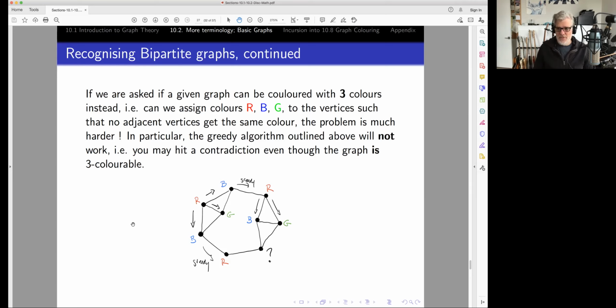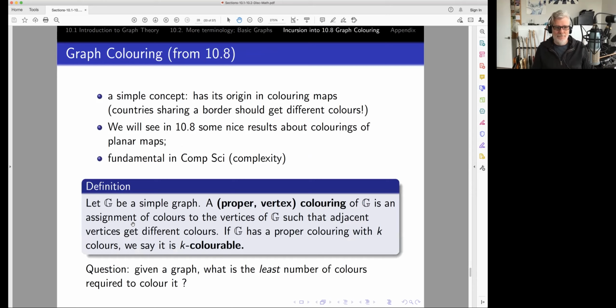So you have to backtrack, and it's believed that there is no way to do this other than by backtracking. But if you can prove it, you'll be a millionaire and you'll get a really good job. Okay. So now I'm going to jump to 10.8 to discuss this a little bit more in detail.